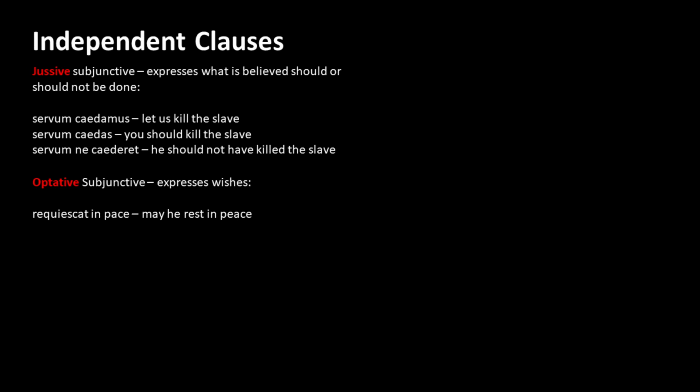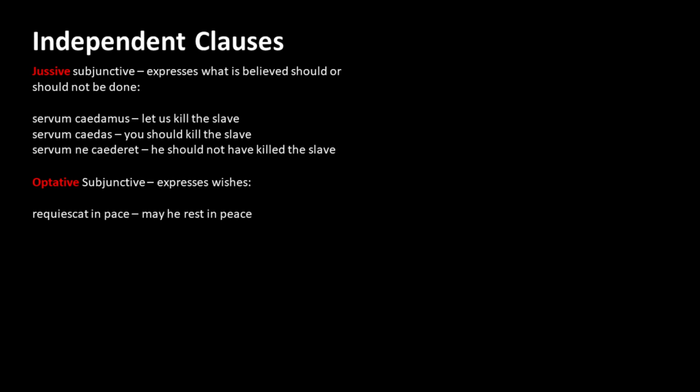Perhaps he is, perhaps he isn't. What I really mean is that I hope that he will rest in peace. I hope that something will happen. So, requiescat in pace, may he rest in peace, or may he be about to rest in peace in the future. Therefore, for the optative subjunctive, a present tense will often have a future meaning.